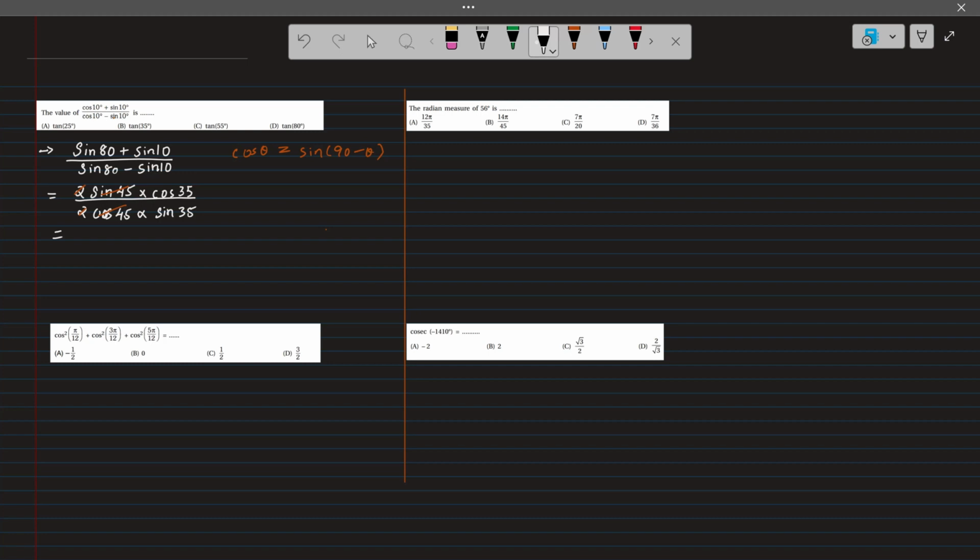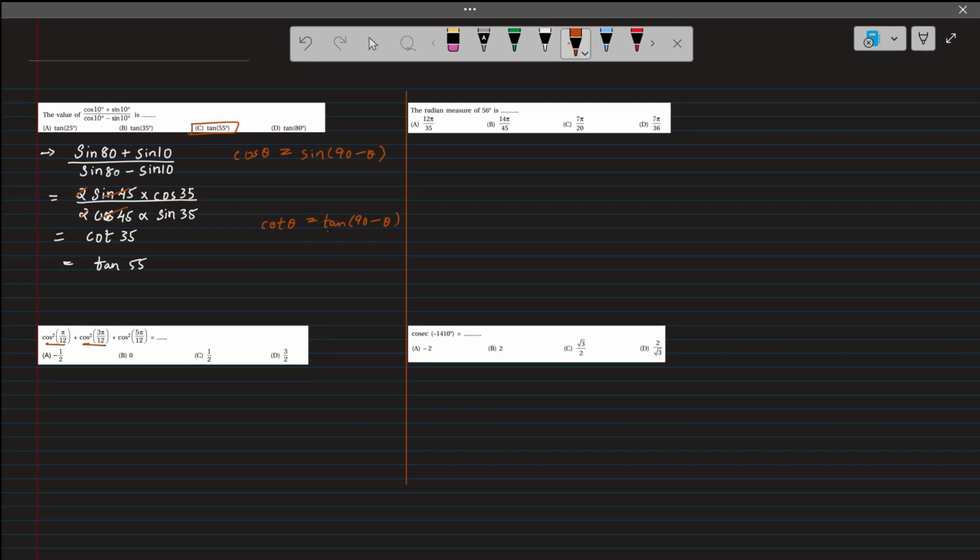So finally, we are left with cos 35 upon sin 35, which is basically cot 35. Now in the options, we don't have cot, we just have tan. So again, we can use this property, cot theta is equal to tan (90 minus theta). And hence, we can say cot 35 is nothing but tan 55, which means option C is correct.